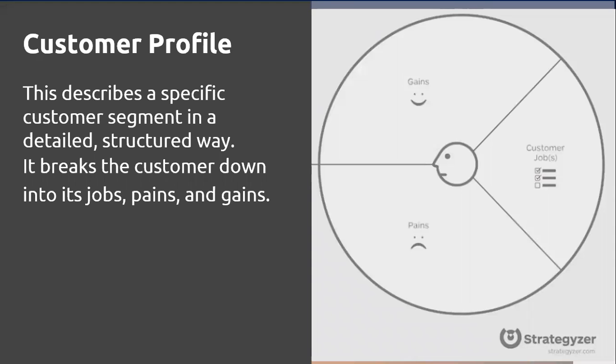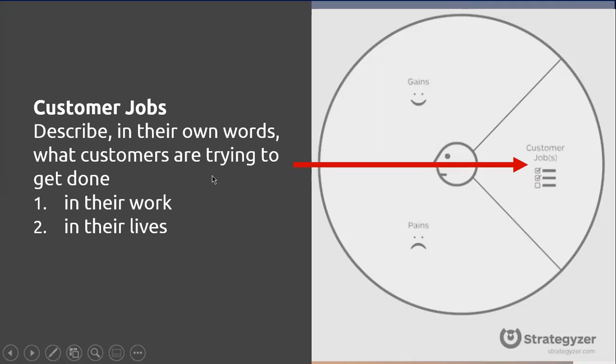So let's look at a customer profile. Customer profile describes a specific customer segment in a detailed, structured manner. It breaks the customer down into jobs, pains, and gains. Customer jobs describe in the customer's own words what he or she wants and is trying to get done at their workplace and within their lives.